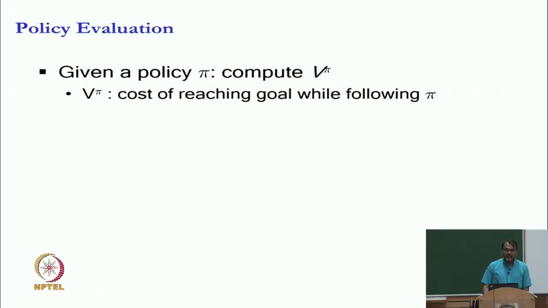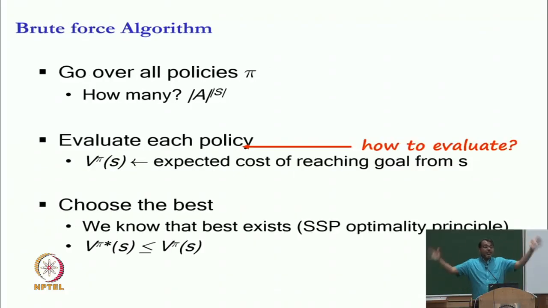Now, I want to take the leap, and the leap is we only started with a brute force algorithm, right. The brute force algorithm we started with was that you enumerate all policies pi, and then you evaluate each policy pi and then pick the best.